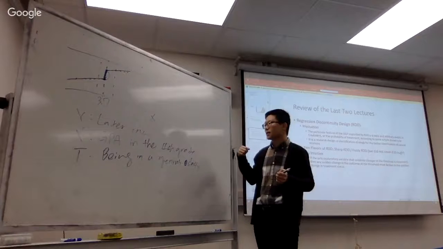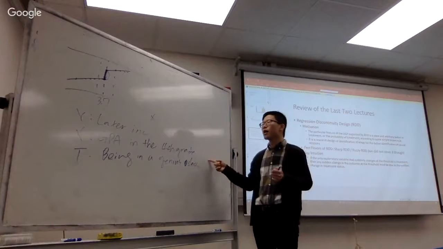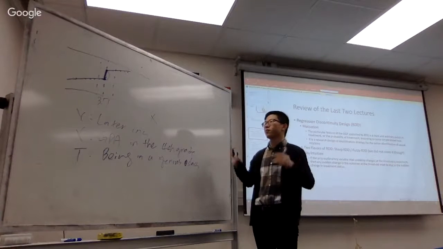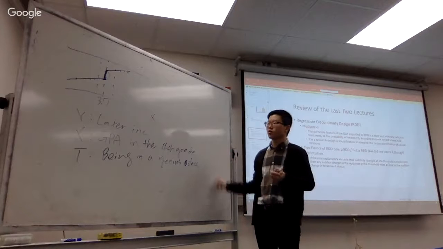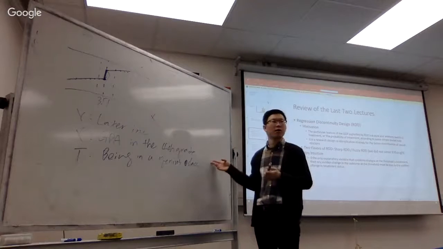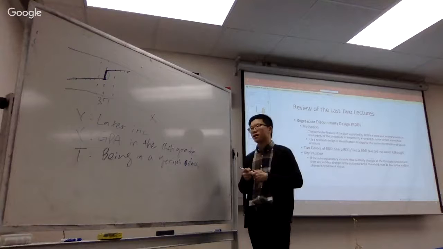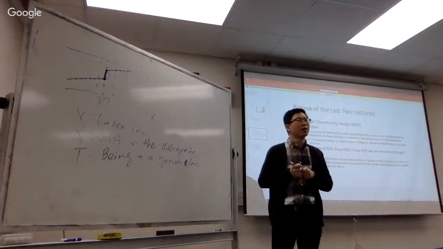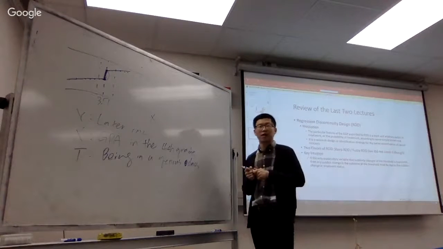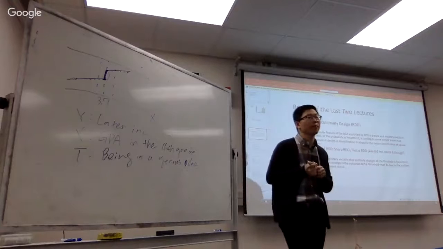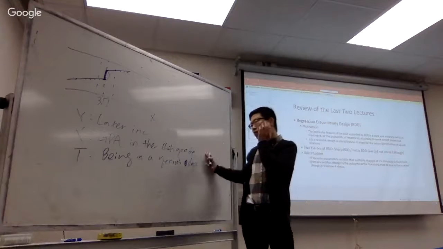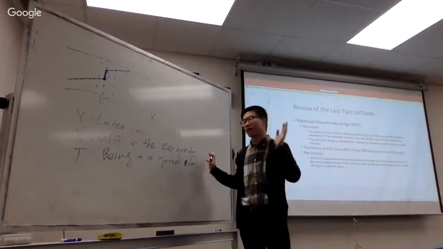But if you don't have a GPA that is more than 3.7, you are not eligible for being genius. That's sharp RDD, basically.